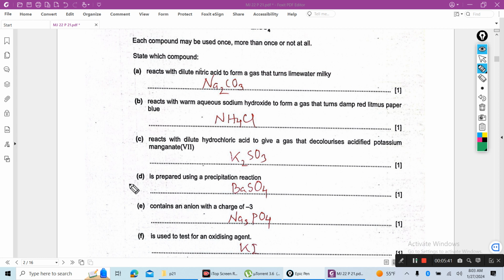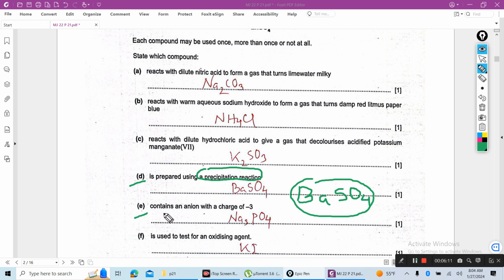Now D is prepared using a precipitation reaction. You know, barium sulfate is a white solid, which means it is a precipitate. Barium sulfate is insoluble in water. That's why barium sulfate can be prepared by precipitation reaction.